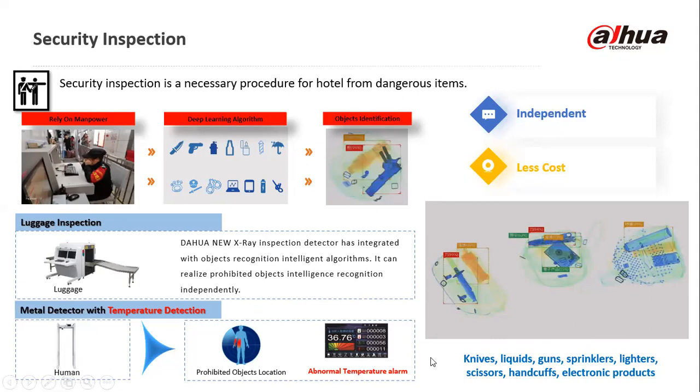The inspection system itself will tell you this one is a knife, and can raise an alarm. So it automatically knows it's a knife and creates an alarm, not just scanning the products. It's like an intelligent baggage scanner.